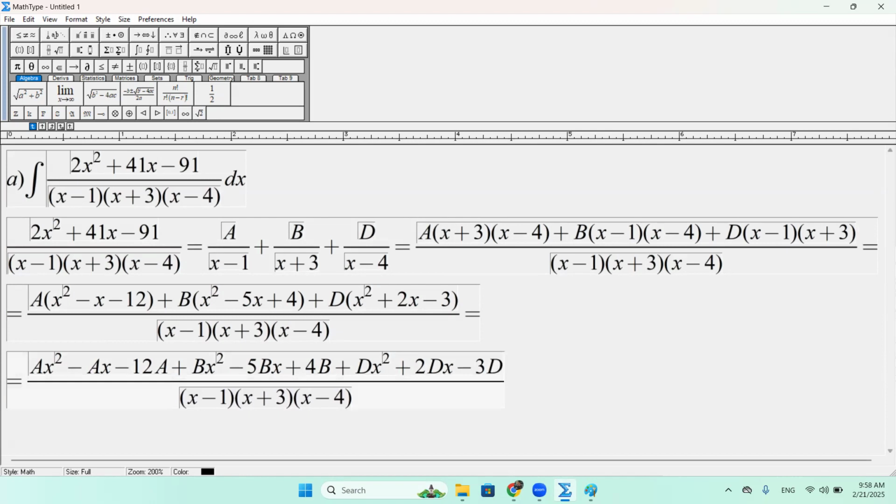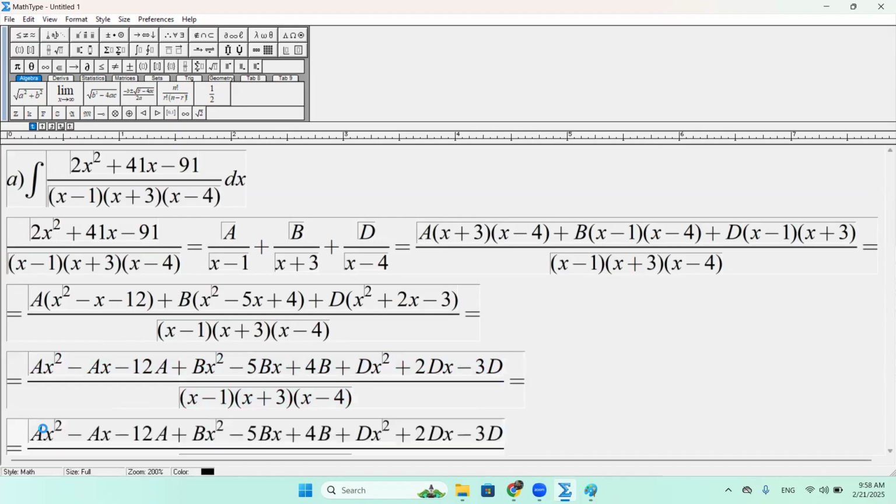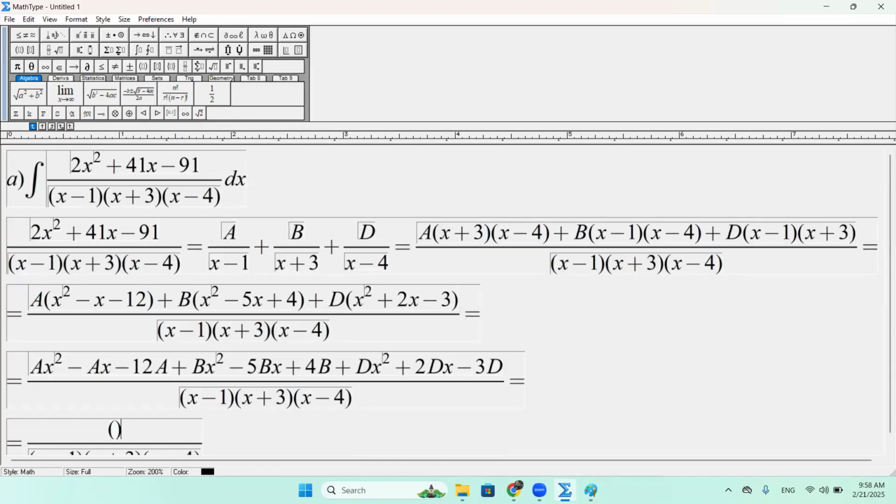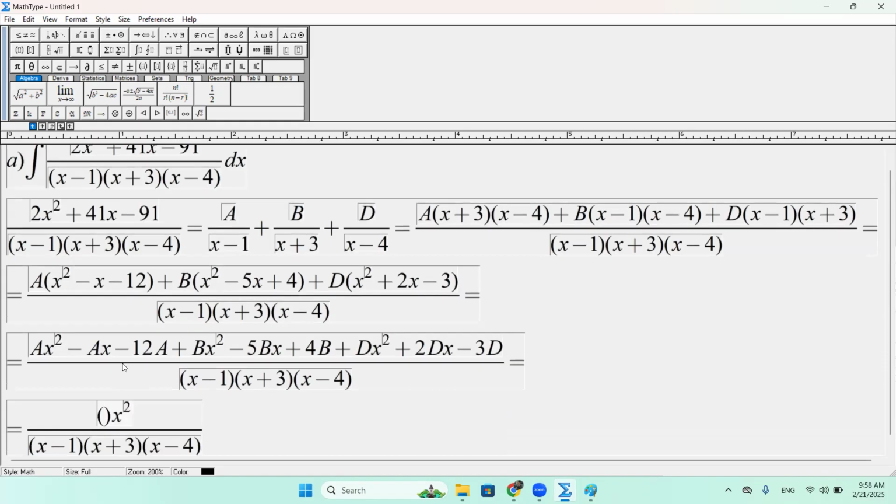And after that, we need to regroup these addends according to degrees of the x variable. What I mean is, for x squared: a plus b plus d. So these coefficients a, b, and d.